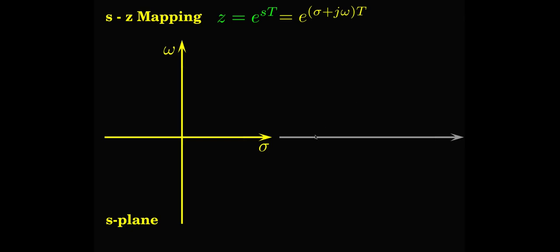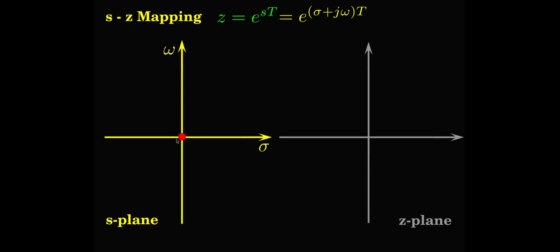And for the z plane, I have an x-axis and a y-axis. There is no specific name given to these two axes. The coordinate is a polar coordinate system. So I'll call this the z plane.